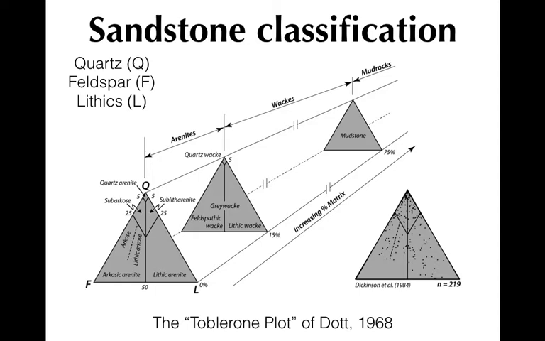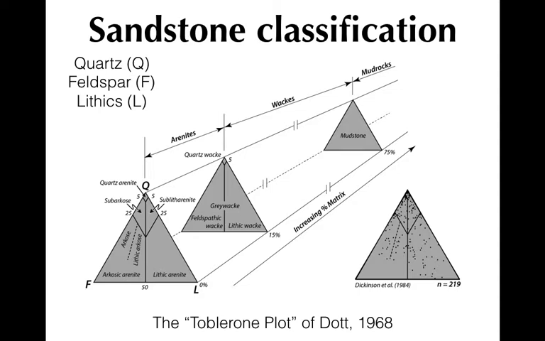Sandstones are a different beast because they consist of rock fragments and individual mineral grains, not all just rock fragments. And the mineral grains that are most abundant are those that are most common in crustal rocks and most resistant to weathering. You may recall that sandstones are classified on the basis of quartz, feldspar, and rock fragments or lithics, and on the abundance of mud matrix.